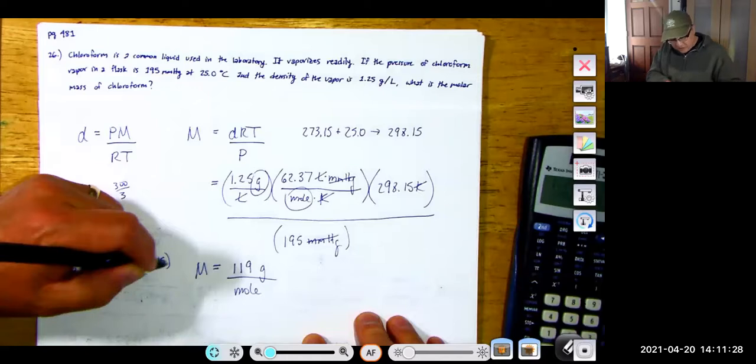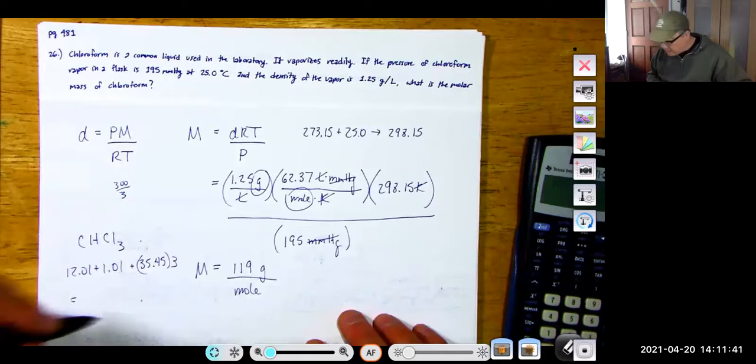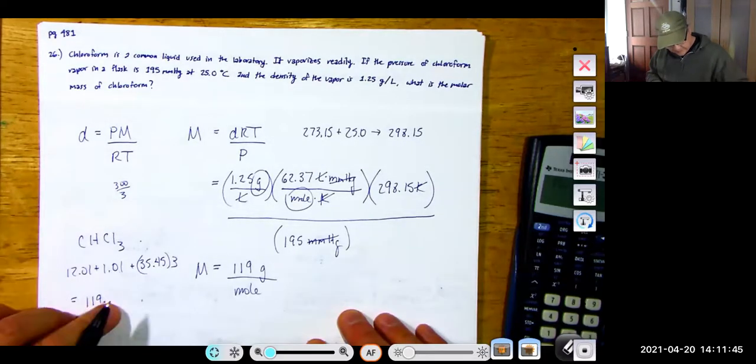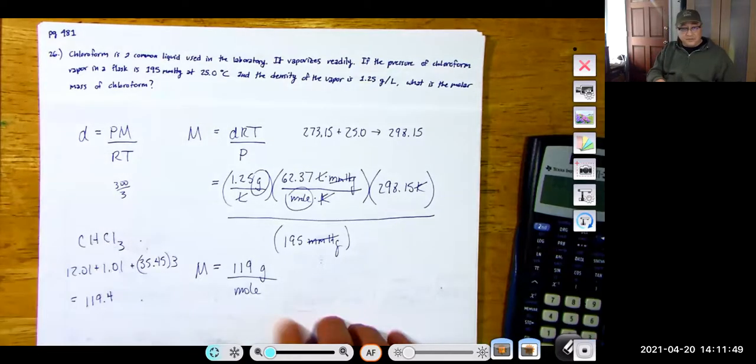And let's see how close this is to the real number. And I get 119.4 for the real number. So spot on, right?